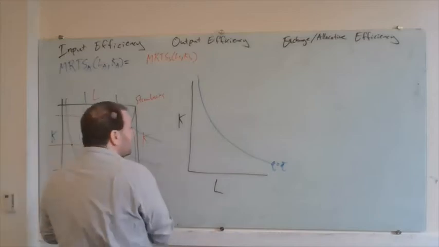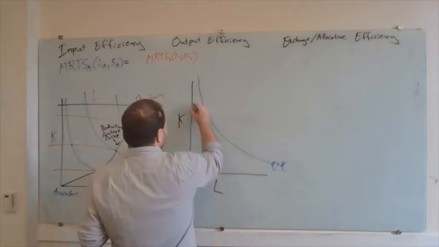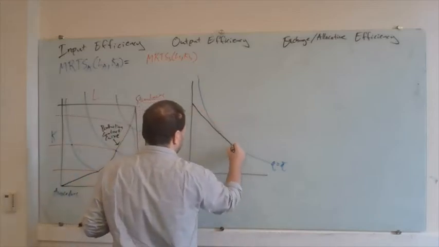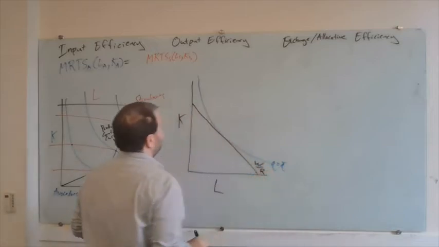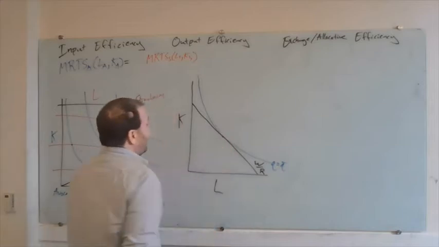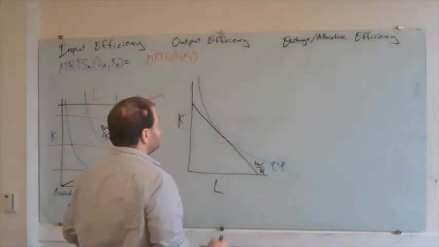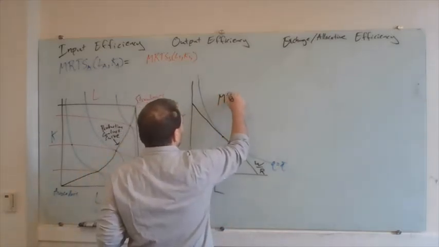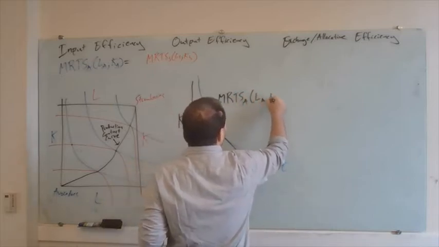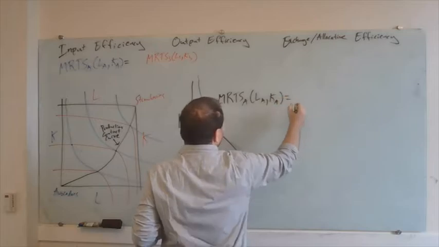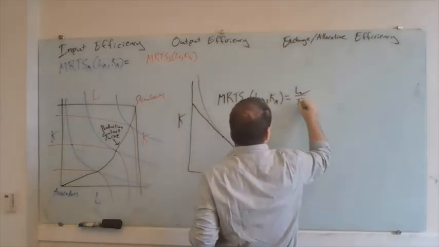And you say which one is cheaper given some wage rate and given some rental rate. Given that I've got costs given by W over R, I'm going to have to end up at some point like this. In other words, I'm going to find where my MRTS is equal to my cost ratio, W over R.